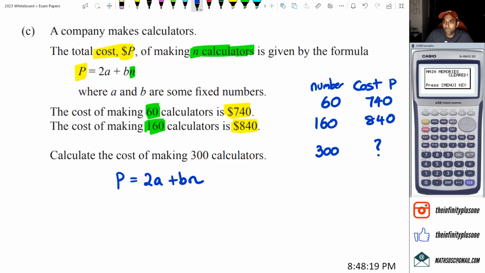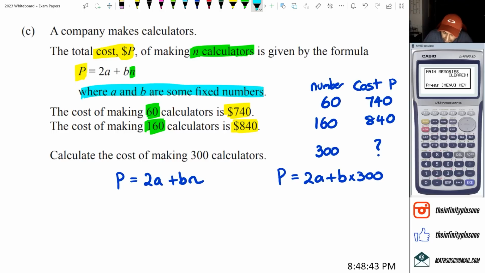This is the equation that gives me the cost of the calculators given a number. The question is asking, when N equals 300, what is P going to be? But the problem is I don't know what A is and I don't know what B is. The question also tells you that A and B are some fixed numbers.